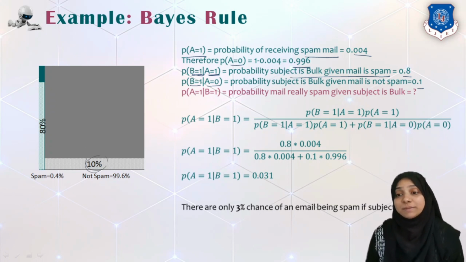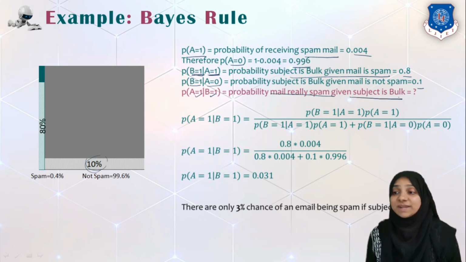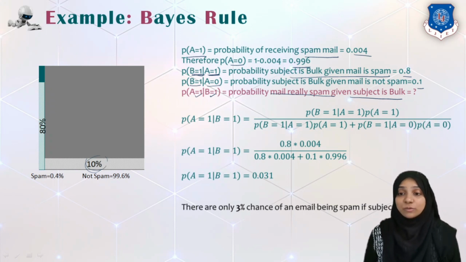Now, what is the probability that a given mail having subject bulk is also spam? So, the probability of the mail being really spam provided that the subject is already bulk. So, the probability of the mail being spam, A is equal to 1, given that the subject is already bulk, that is B is equal to 1.